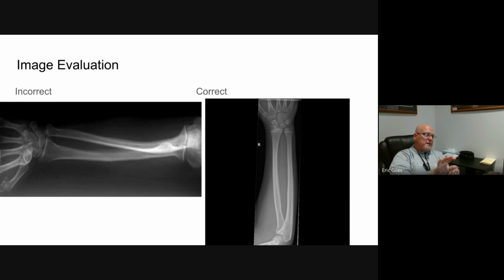Now, we know that the thumb side is your radius, okay? Your pinky side is your ulna, right? So we can look at that distal forearm right there and we can see which one the ulna and which one the radius is.